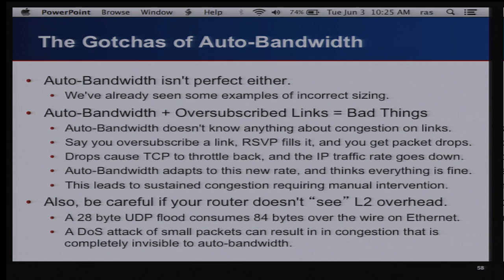So here's an example. Say that you manage to oversubscribe a link, RSVP fills it up, and you get packet drops. All those packet drops cause TCP to throttle back, and the IP traffic rate goes down. And then auto bandwidth says, hey, the traffic went down. I can adapt to this, and I can continue to deliver it. So it'll sit there and continue to forward traffic via a congested interface because it doesn't know that there's loss out there.